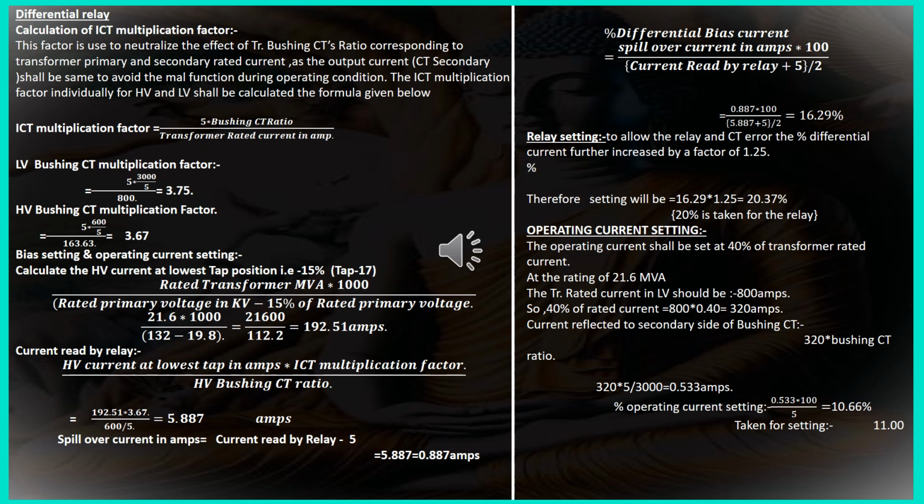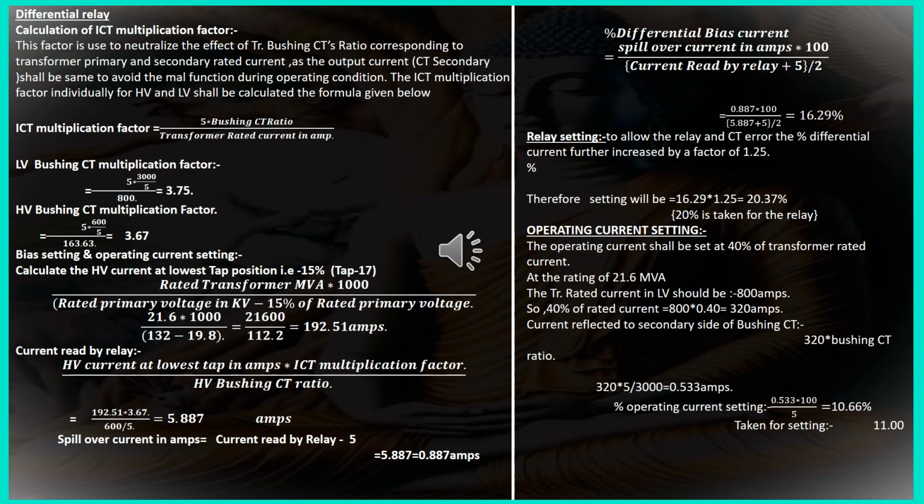This 5 ampere, rated load current of CT secondary, divided by 800. 3000 by 800, because 5 and 5 will cancel, and 3000 by 800 is equal to 3.75.